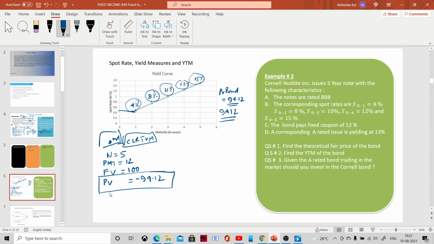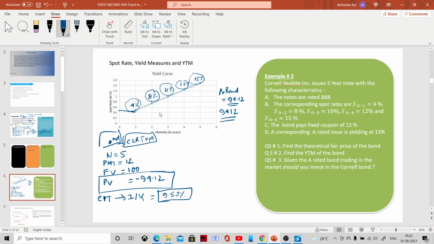So once you have input all of this detail, all that you have to do is to put CPT I/Y. Once you do that, you will get an answer of something close to 9.53%.